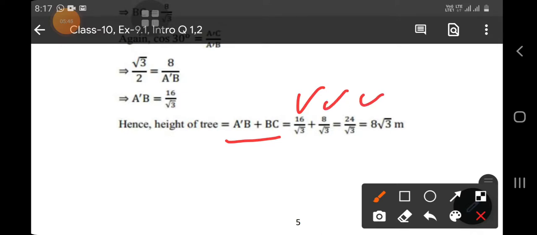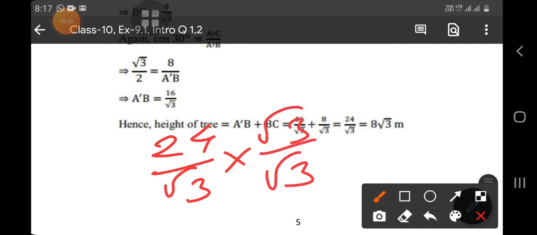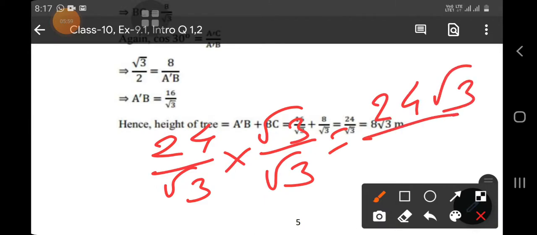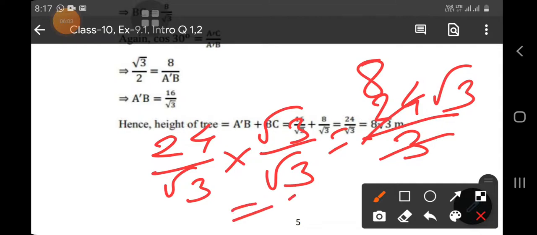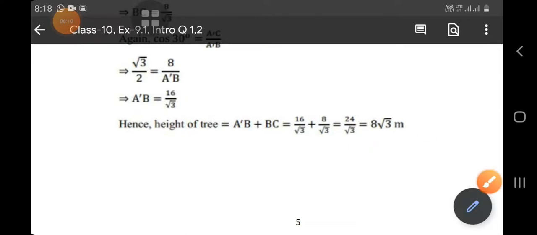After addition we get 24 by root 3. Then we rationalize it by multiplying with root 3 over root 3. Then we get 24 root 3, and root 3 into root 3 gives 3, so it will be 8 root 3. That means the total length of the tree will be 8 root 3 meters. Thank you.